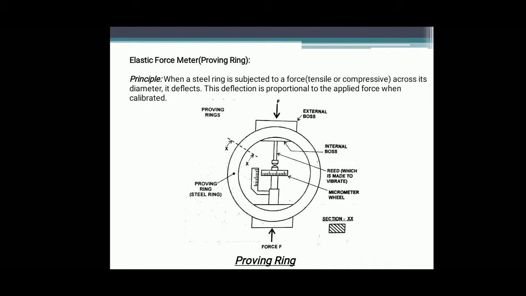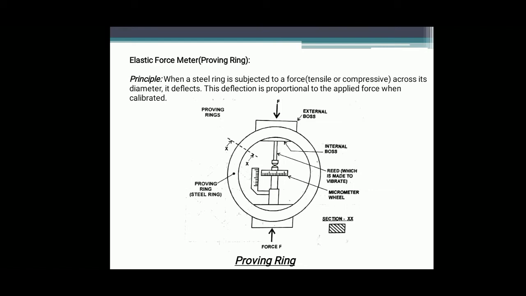Now if you see the operation, the force to be measured is applied on the external bosses of the proving ring. Due to the applied force, this ring will deflect. This deflection of the ring is proportional to the applied force.